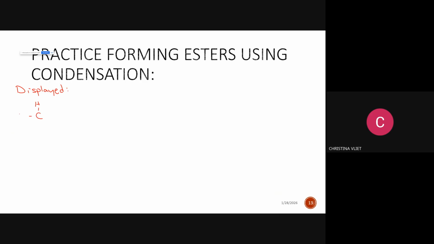CH3COOH plus. It's always a good idea to face your carboxylic acid and your alcohol towards each other. When you're writing these reactions, it's easier to see and prepare them if you write them in the correct manner. I'm going to pick that for my carboxylic acid, and how spicy do I want to be?